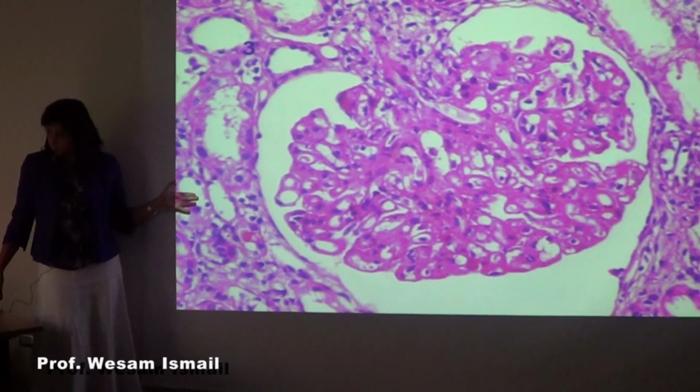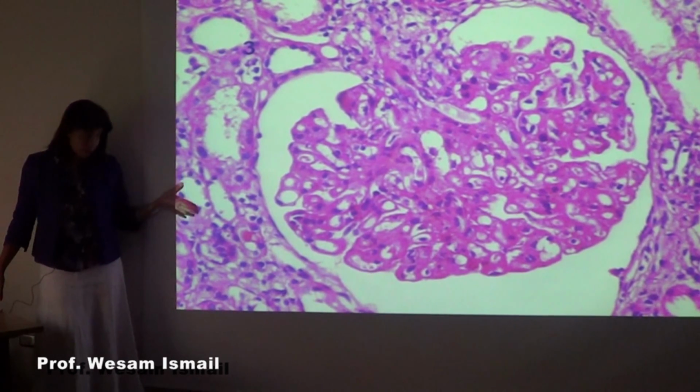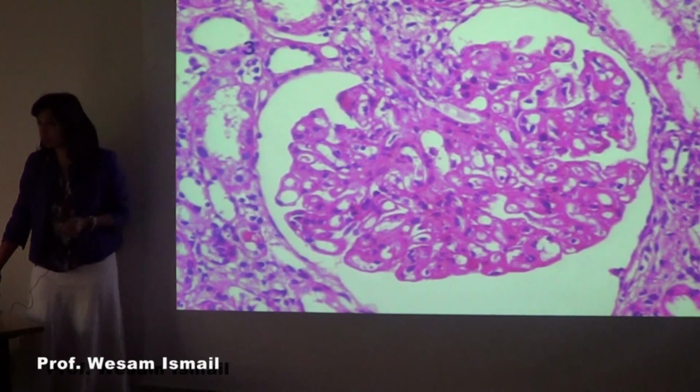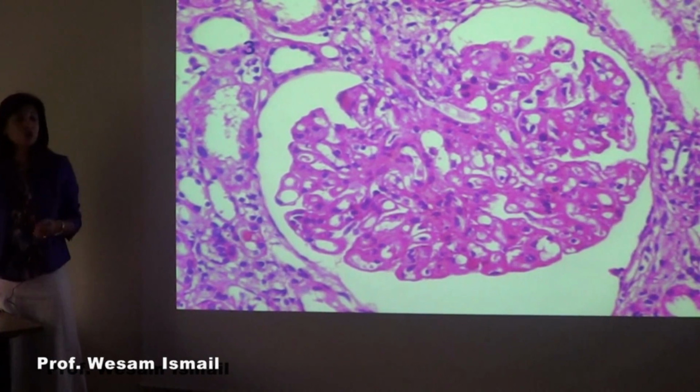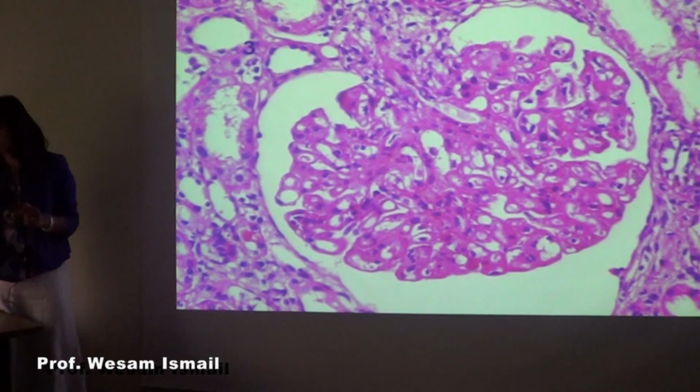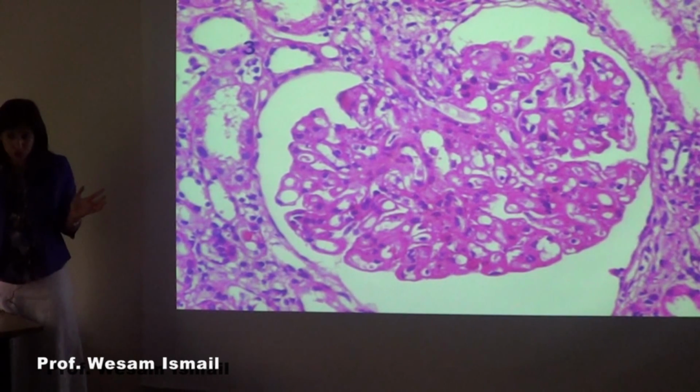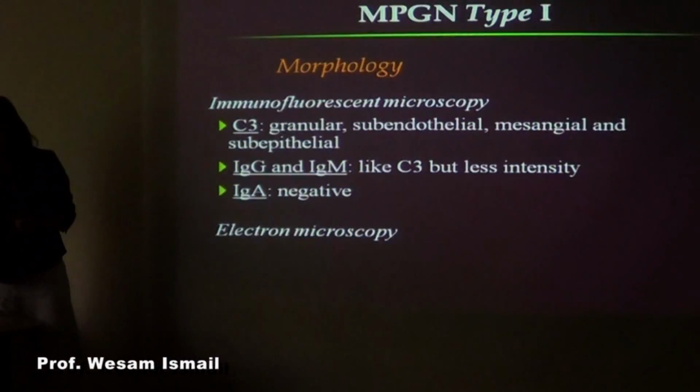Again, this looks like a typical membranoproliferative, but the proliferation is a bit less, but you have the double contours, and this is chronic transplant glomerulopathy from a transplant patient. It also can mimic exactly membranoproliferative and can mimic thrombotic microangiopathy, which makes it even more difficult in the setting of transplant. Sometimes it's impossible to differentiate between them on the level of light microscopy.